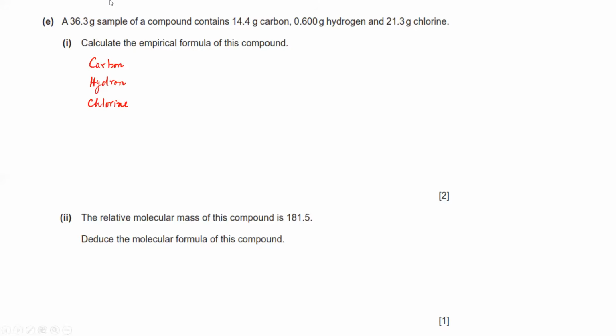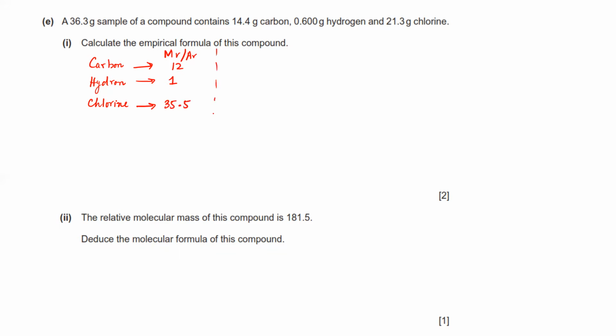First, write the Mr. With carbon, the atomic mass of carbon is 12, hydrogen is 1, chlorine is 35.5.